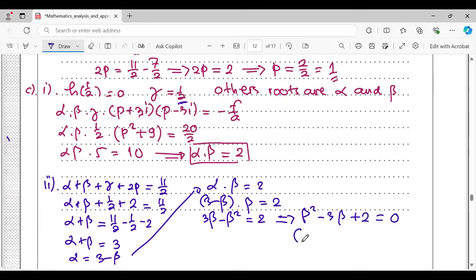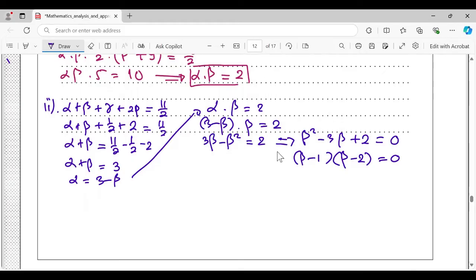We factorize this beta. The numbers are minus 1, minus 2. So beta equals 1 or beta equals 2.